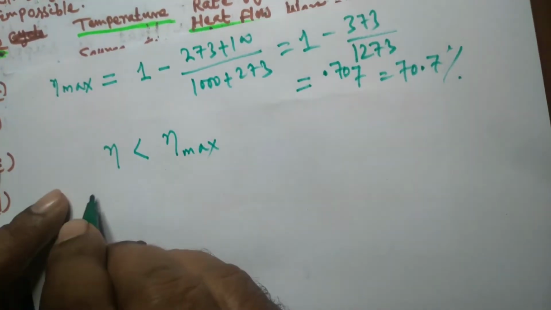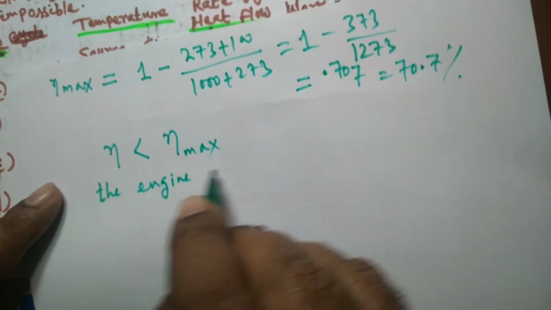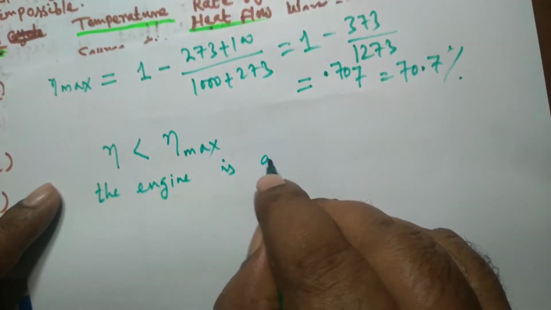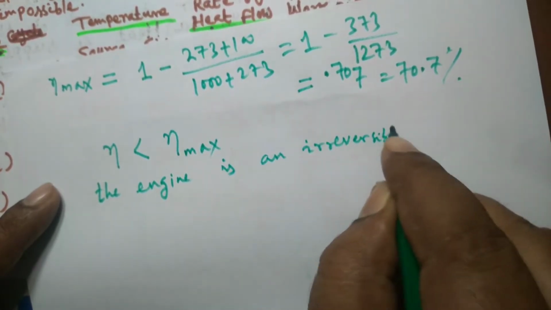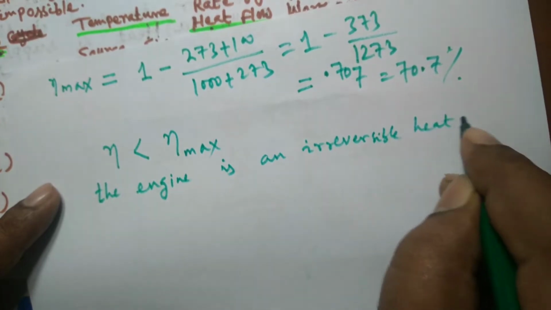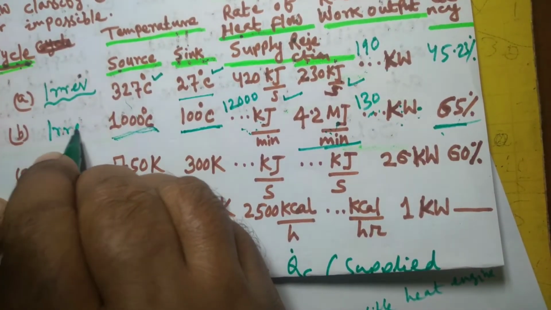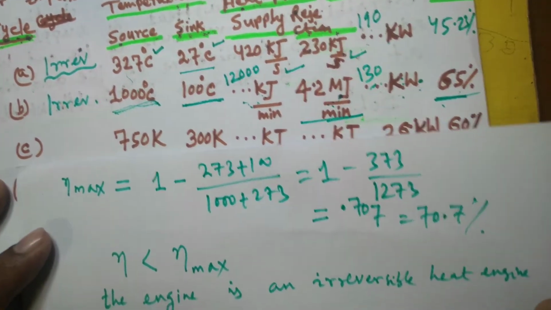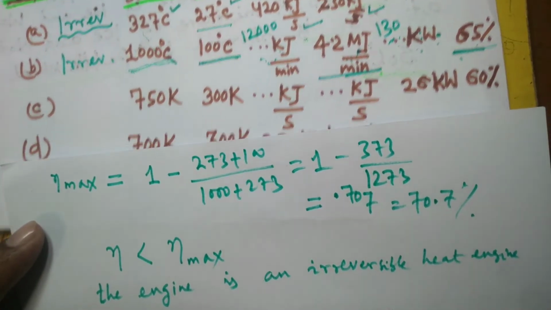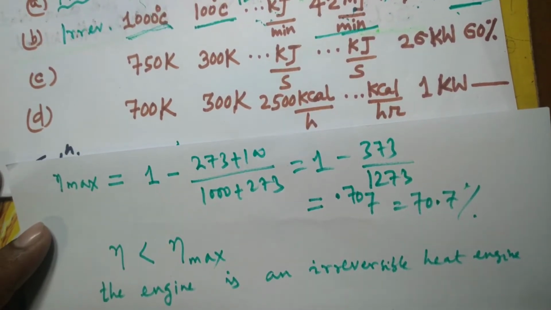That means the engine is an irreversible heat engine. Then part C. So this is to be classified as an irreversible heat engine. When the efficiency of any engine is less than the maximum possible efficiency between two given temperature levels, then it has got to be an irreversible heat engine.